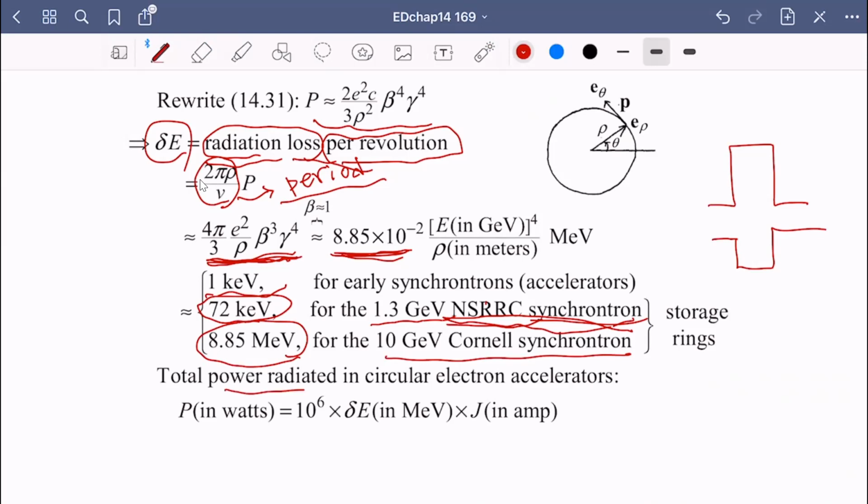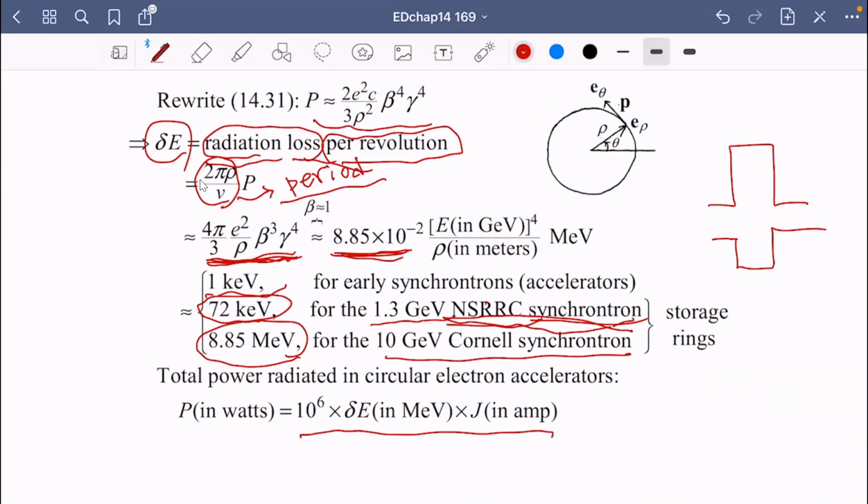So the total power radiated in a circular motion will be here, in terms of MeV. So the total power radiated in a circular electron accelerator will be this one.